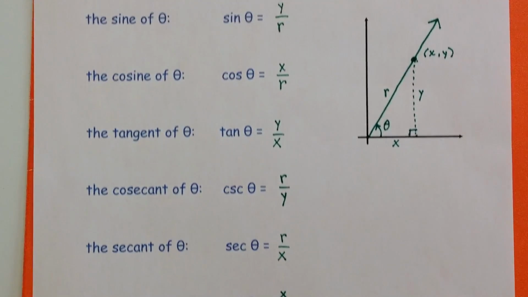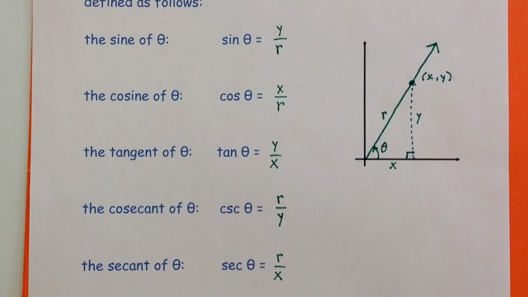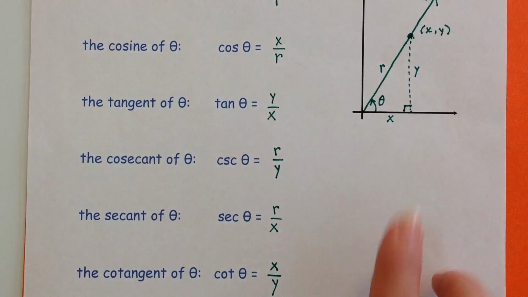So the ratios, or the fractions that I've set each of these equal to, are the only possible 6 that you can get from this. And they've just randomly assigned them the names of sine, cosine, tangent, cosecant, secant, and cotangent.